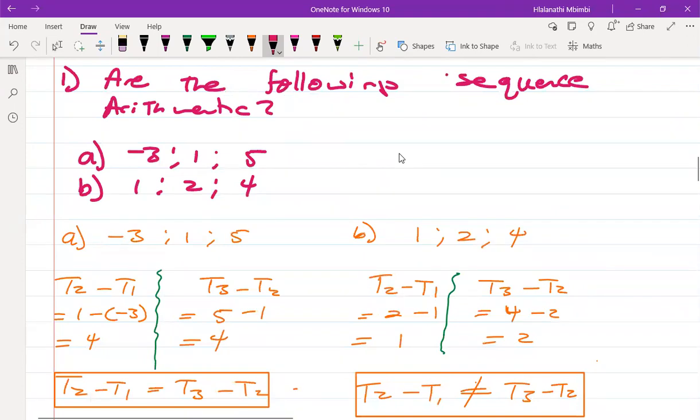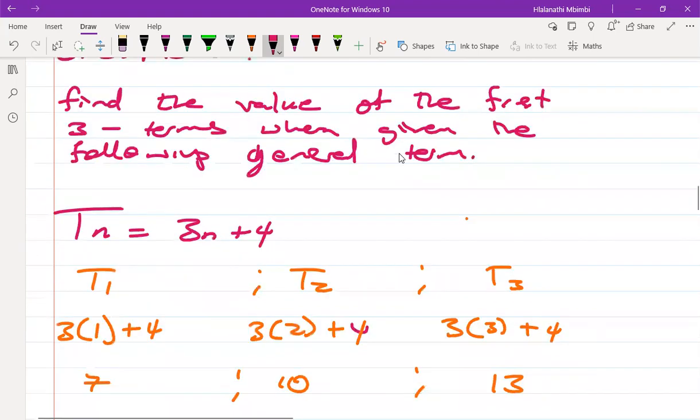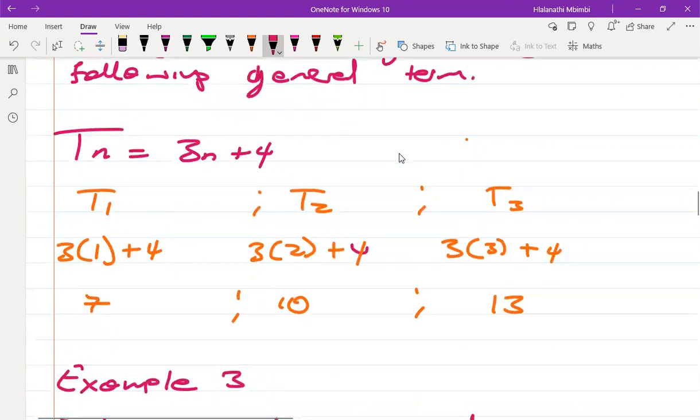So someone can ask you, prove that this sequence is quadratic. To do that, you have to find that the second difference is constant. Someone could give you the general term and then ask you to find the value of the first two terms. You still should be able to do it.